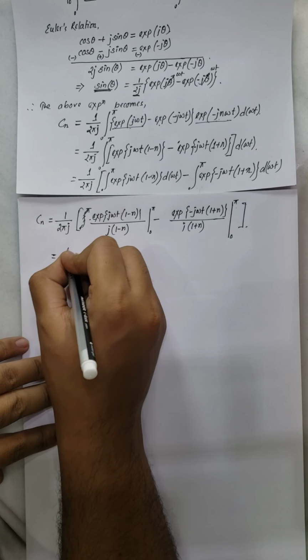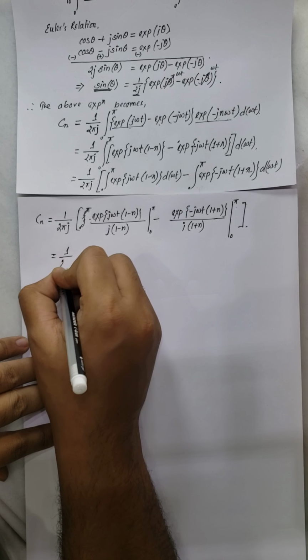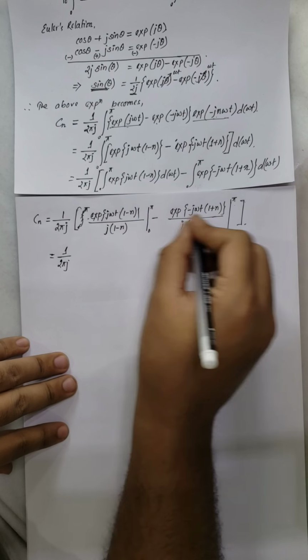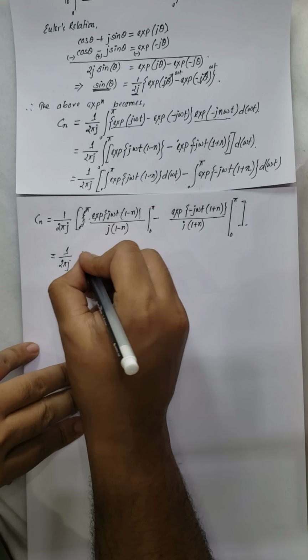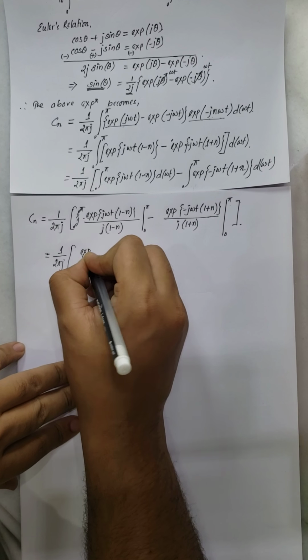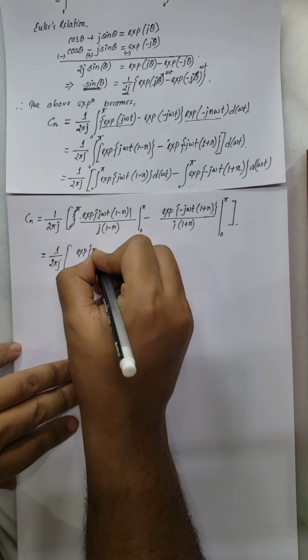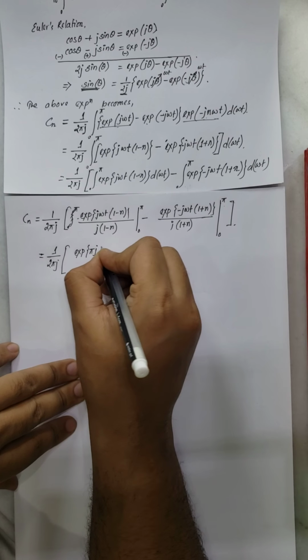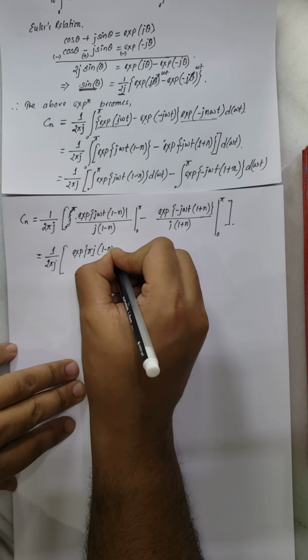Now, putting the limit in the equations, we get the first term to be e to the power pi j 1 minus n.